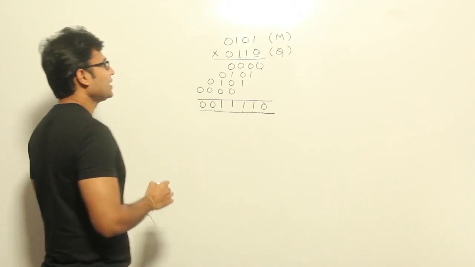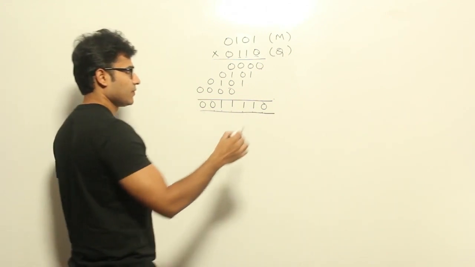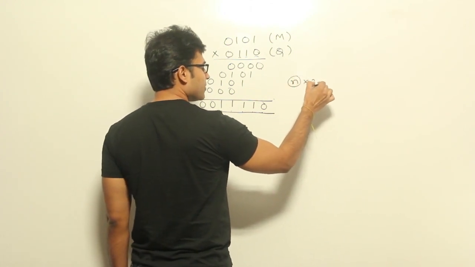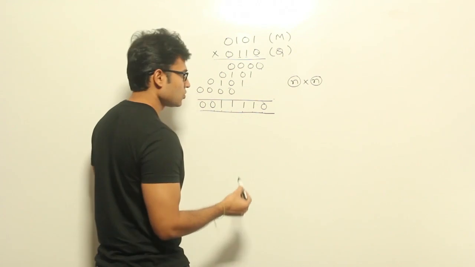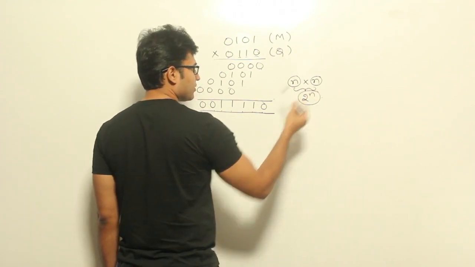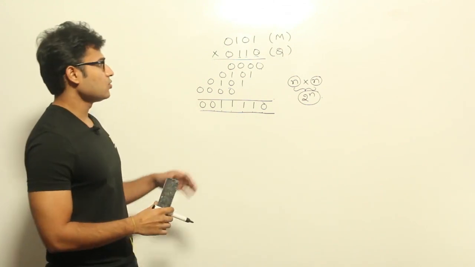1 2 3 4 5 6 7. So if I multiply two n-bit numbers, in the worst case the space required to store the result is going to be 2n, sorry, 2n, and not beyond this.